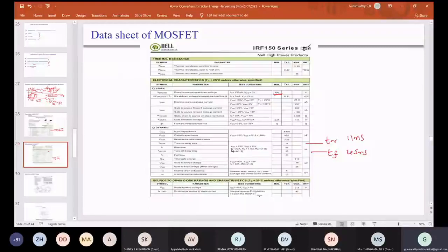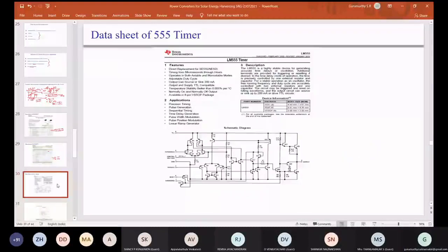Next, once you select the device, then you go for the IC. This is a timer IC. I have selected it as a pulse width modulator. You need a pulse width modulator for our project. So this can be used for pulse generation and pulse width modulation. You can select any IC.